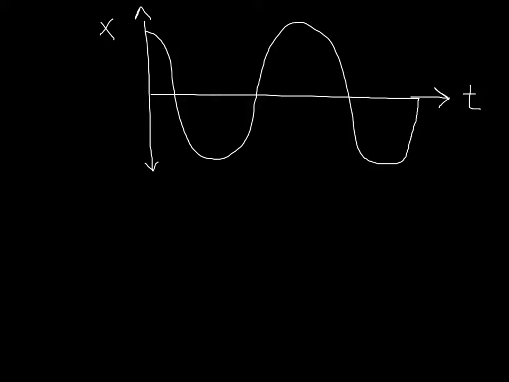So one of the big advantages of simple harmonic motion is we can visualize it. We can visualize this equation, x is equal to A times cosine of omega t, and we can define what all these variables are in terms of our graph. So that's all I've done here.